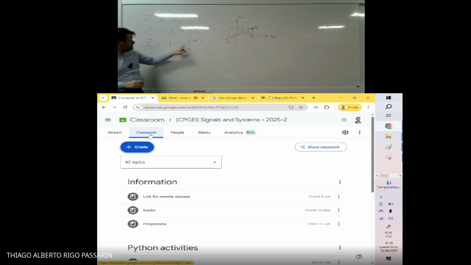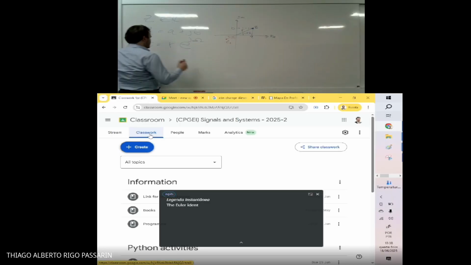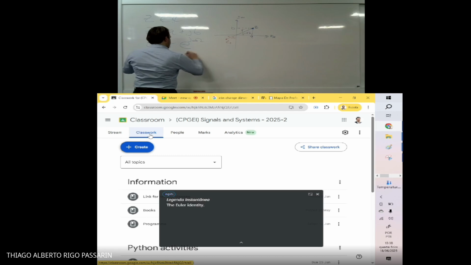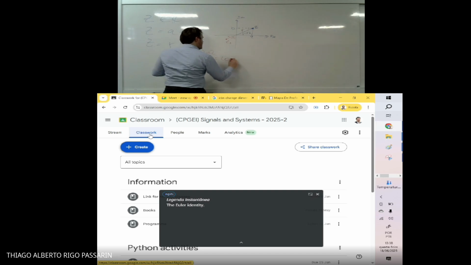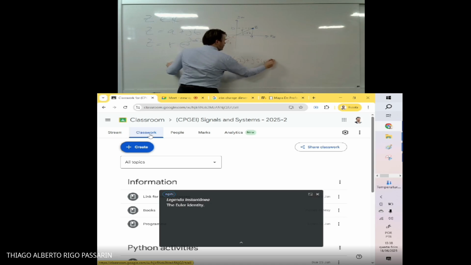And this guy is complex. This guy, we can break it using what? Does anyone remember that? The Euler identity. So E to the J omega equals cosine of omega plus J sine of omega.